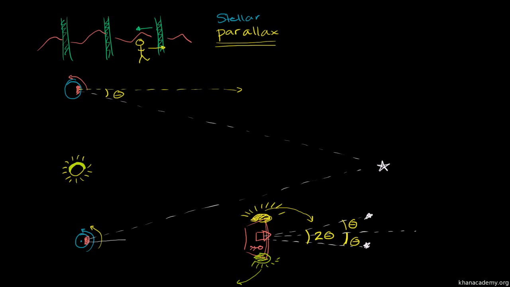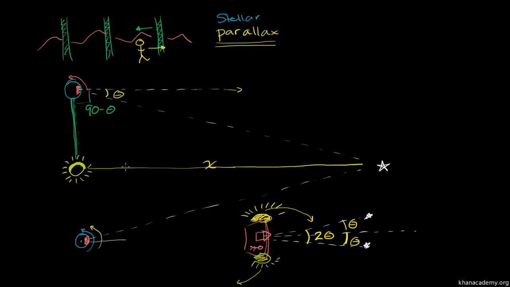If you know that angle, from basic trigonometry, or actually even basic geometry, if you say this is a right angle over here, this would be 90. This would be 90 minus theta. And then you could use some basic trigonometry. If you know this distance right here, and you're trying to figure out this distance, the distance to that nearest star, so this is what we're trying to figure out.